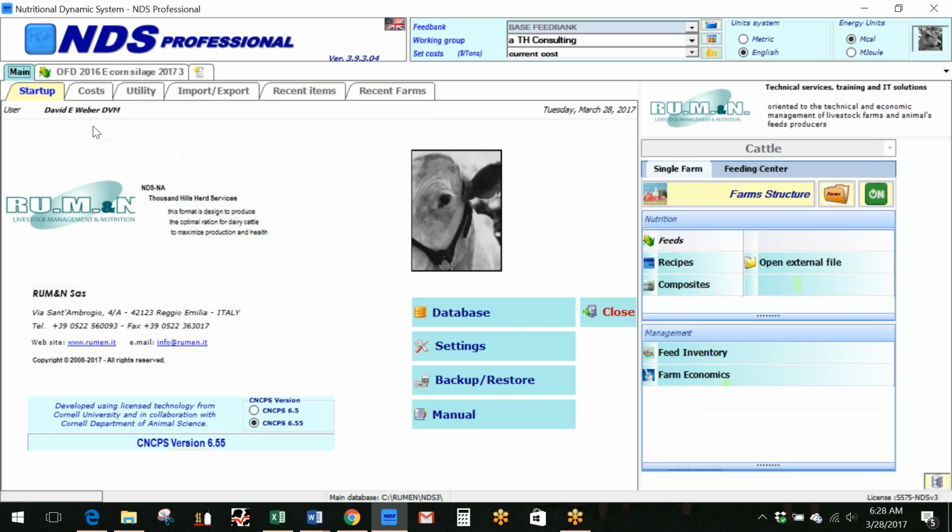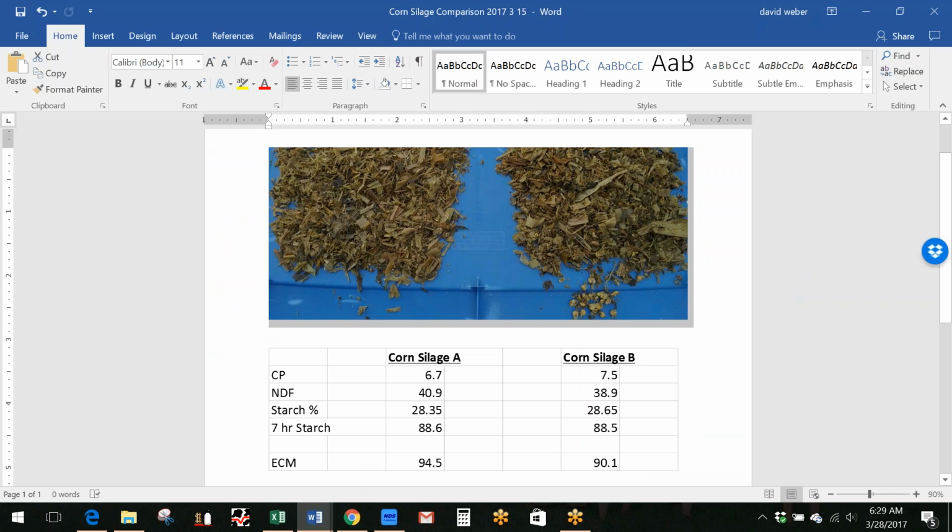Just going back to this, how does that make a difference on the dairy? And what I've not shown you so far was the other comparison that I just got this information back. So I could bring these diets up and show you these in NDS, but that would get into more nutrition than we want to cover in a short seminar or session here. But corn silage B and corn silage A, the farms again are 30 miles apart, same region.